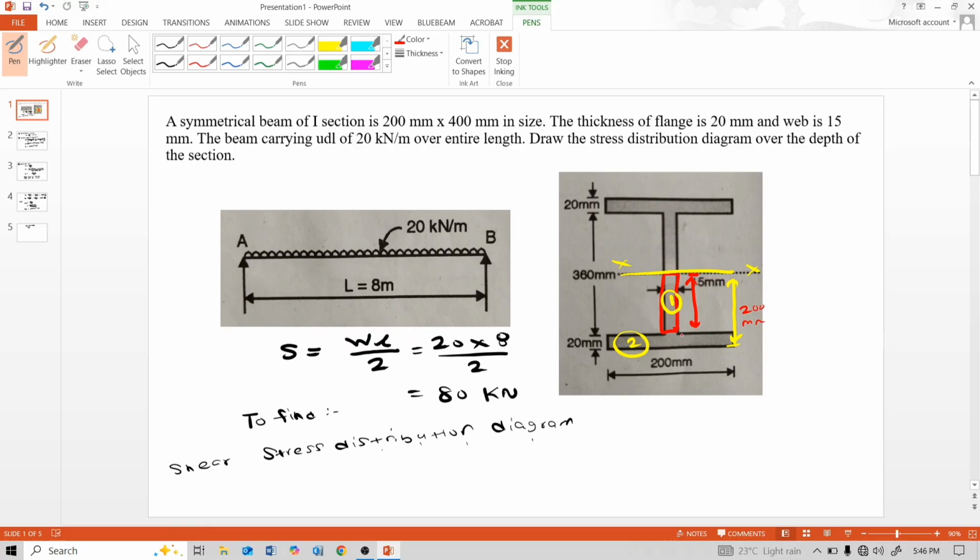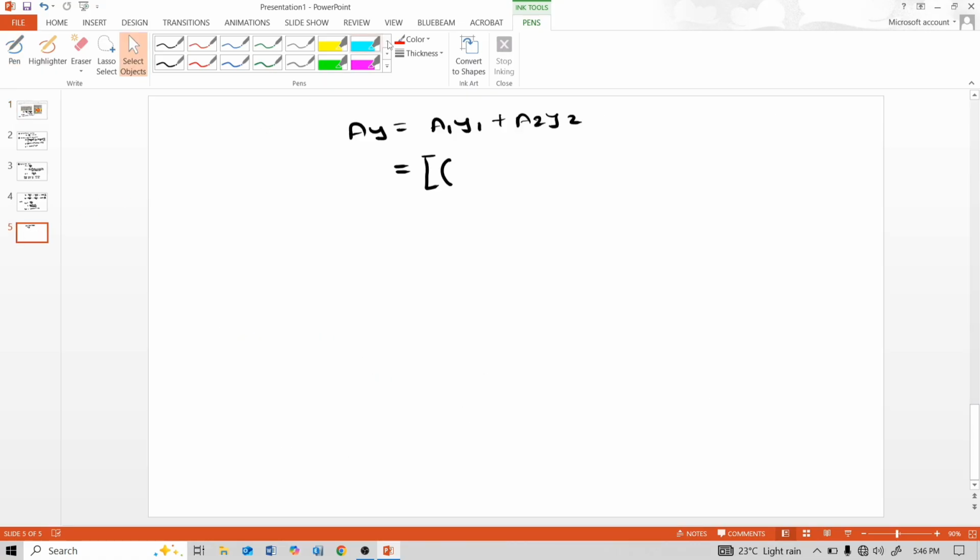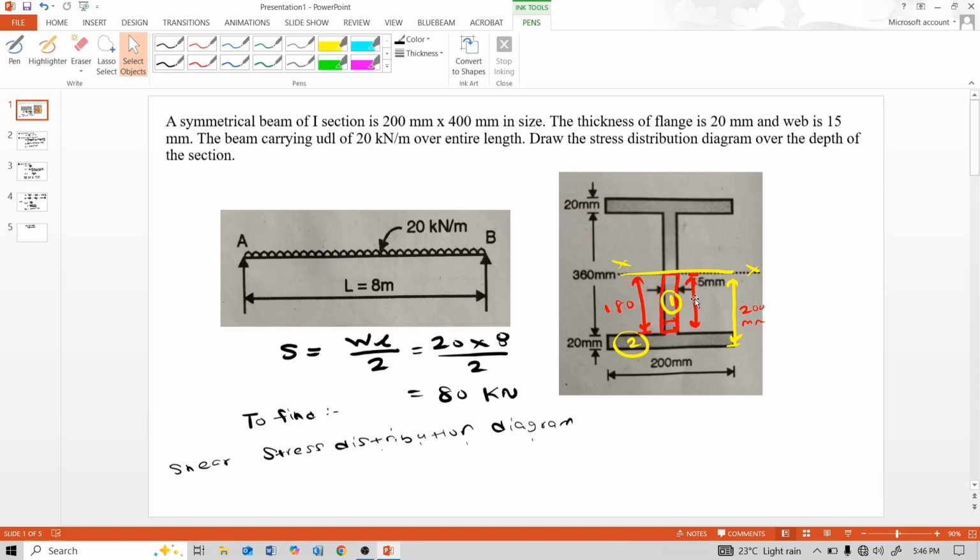That means 200 minus the flange thickness 20, 180 mm. 180 multiplied by this thickness 15. So A1 is 180 multiplied by 15. And Y1 is the centroidal distance for that portion, 180 divided by 2, 90, from the neutral axis.